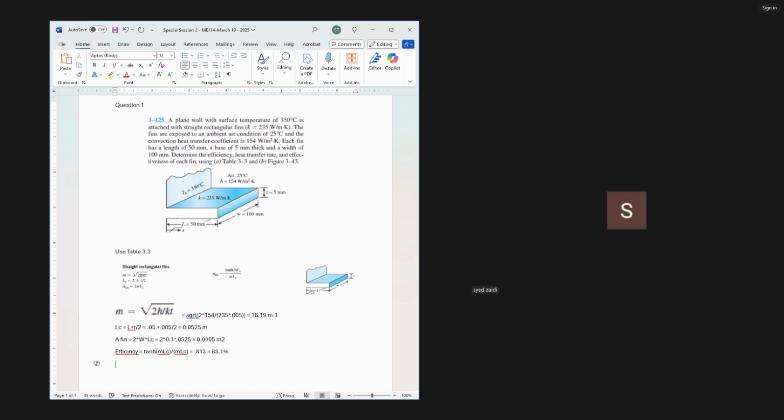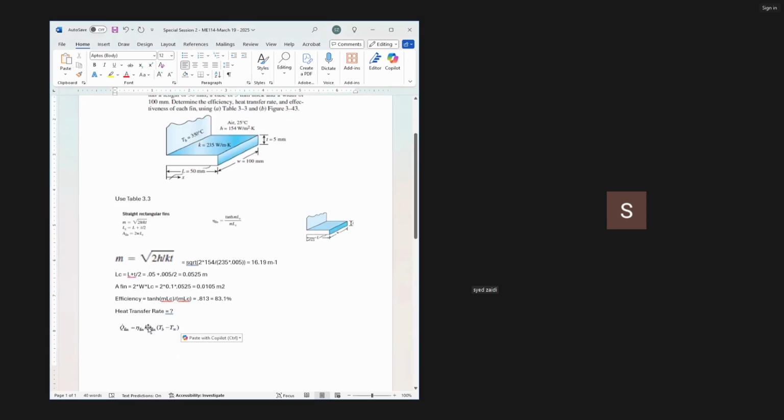Okay, then the second thing: this is the first answer, then they ask what the heat transfer rate is. Well, you should know what heat transfer rate is. It's Q dot, ideally given by Newton's law because it's all convection.